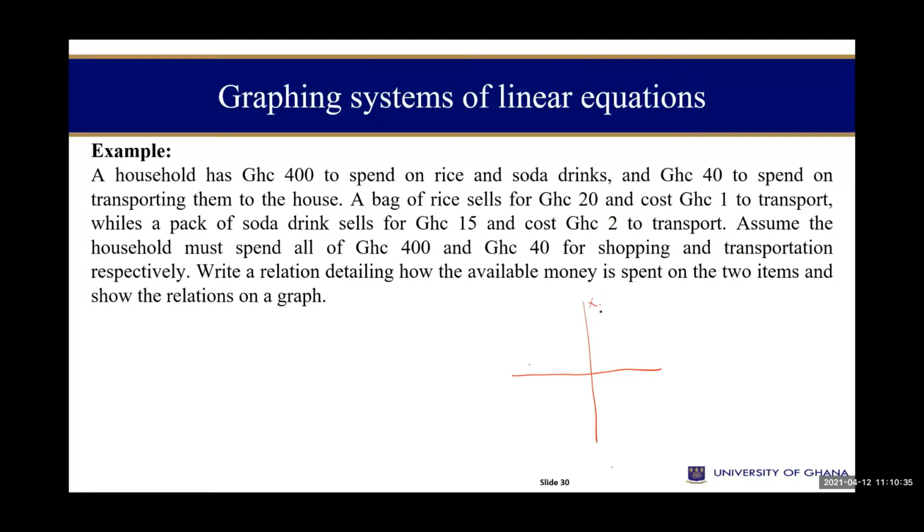Therefore, if this is x1 and this is x2, if I want to use the graphical method to find my decision variable, then that problem should have only 2 decision variables. If you have more than 2, graphing cannot help us find a solution to the problem.